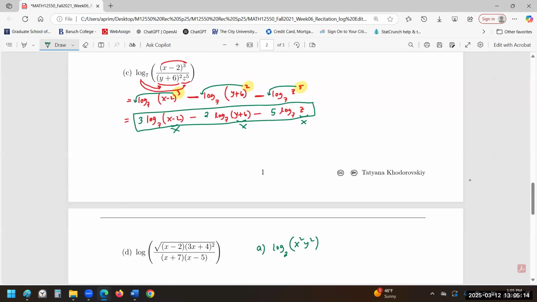So try A and D. B is not expandable. And then we are going to do the other way around. We are going to rewrite an expanded version into a single log. D is expandable, obviously. I'm speaking about B.